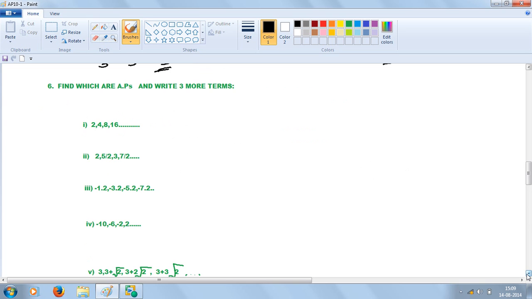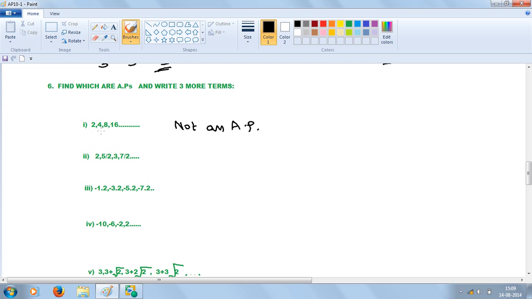So next problem, we will try to identify which are all APs, and we will try to write two more terms. Just by inspection, you see, 2 plus 2 is 4, here the difference is 4, here the difference is 8. So this is not an AP. Actually, it is a geometric progression.